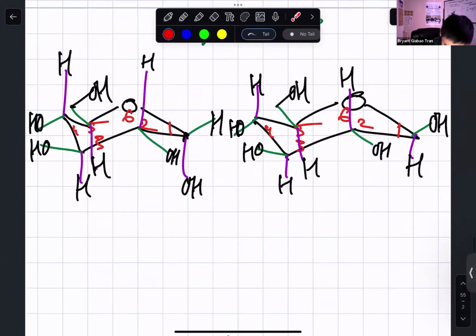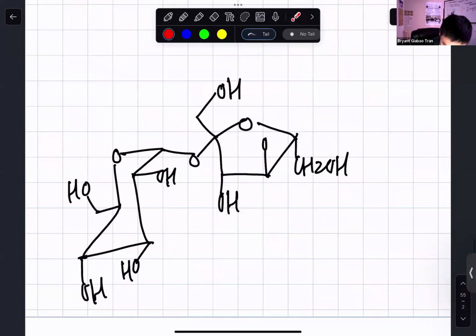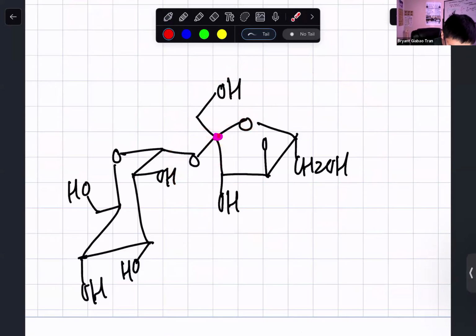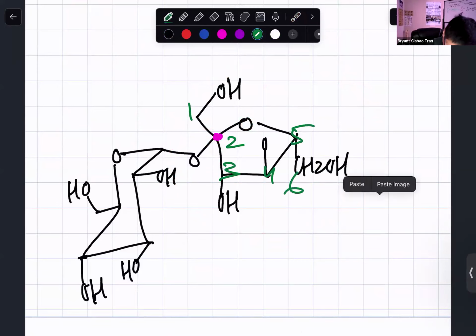So if we go back to the problem that Camilla sent, this right here is the anomeric carbon. And we know that this sugar came from a ketose because if you see a CH2OH and an OR group on the same carbon next to oxygen, that's the anomeric carbon. We said earlier that the anomeric carbon is carbon 2, where the CH2OH is carbon 1 right there. So that's 1, 2, 3, 4, 5, 6.